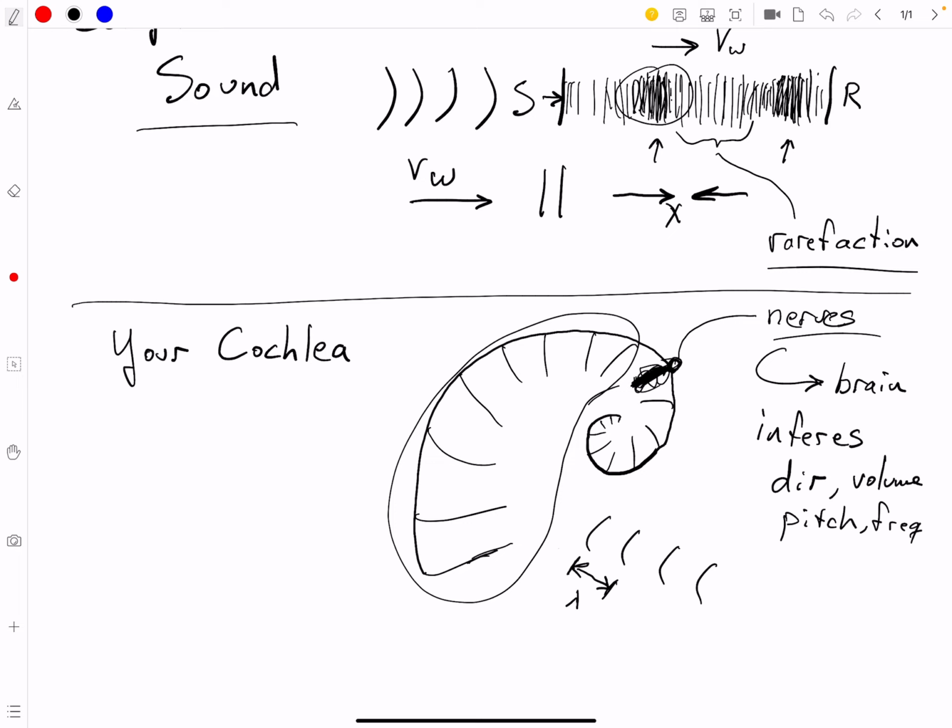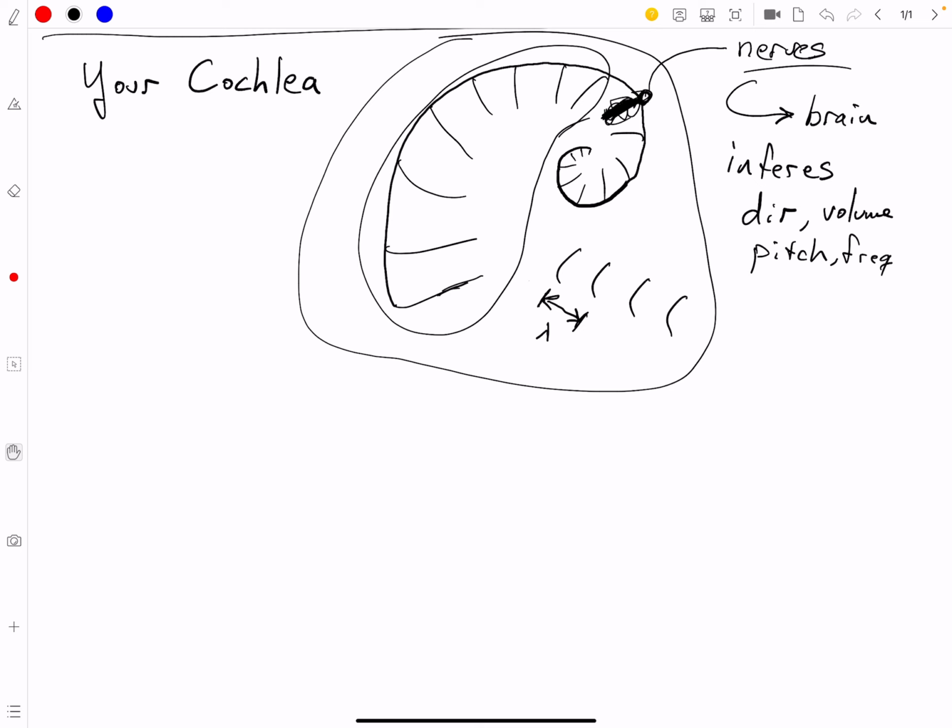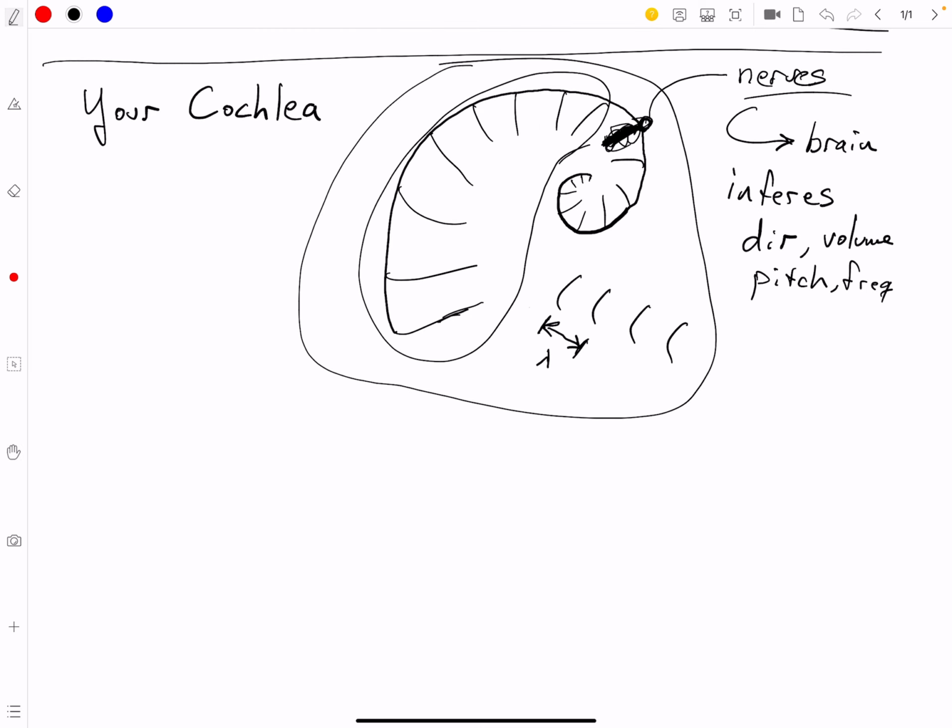So your brain gets all kinds of stuff just from this cochlear ear, evolutionarily ear, whatever thing we've developed over all the years. Mice have them, we have them. It works great, and that's why it's designed like this. So different sounds will trigger different parts of your cochlea.